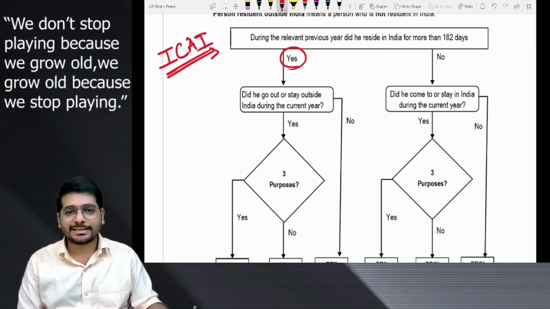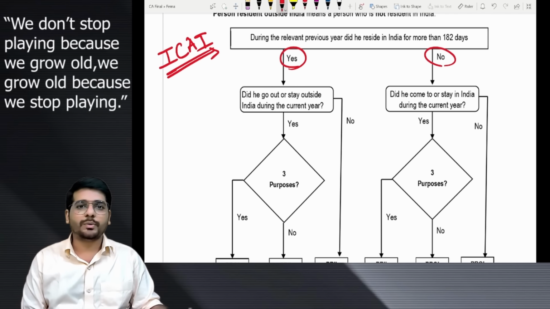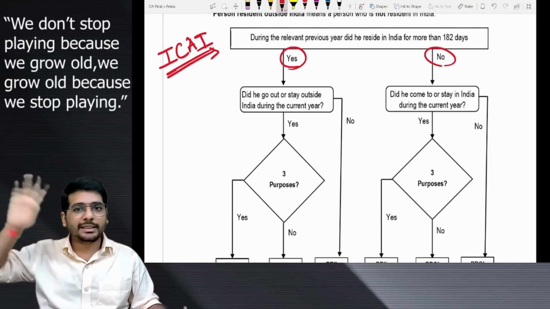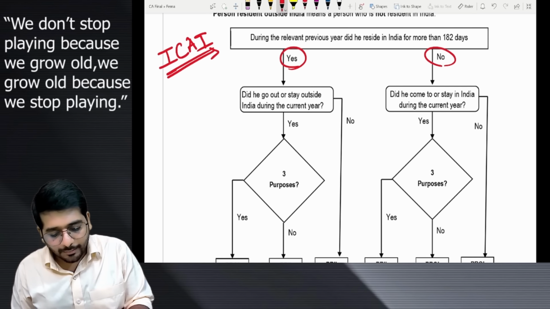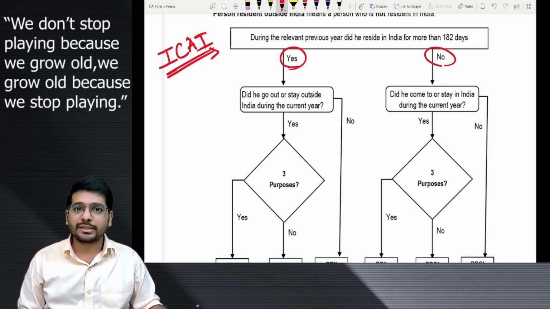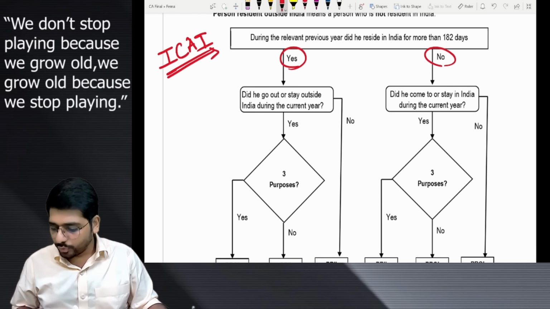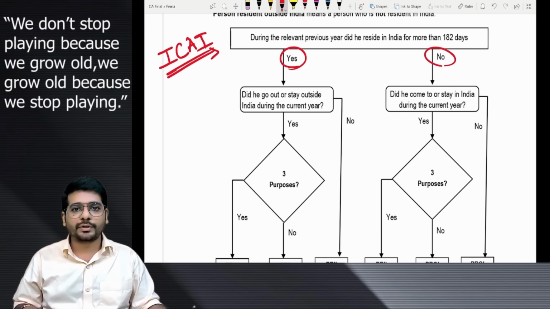If my answer is yes or no, how will I check? Sir, for 1819 my answer is no, he did not reside in India. Okay. Did he come to or stay in India during the current year? Sir, he came to India on 1st June 2019, current year.